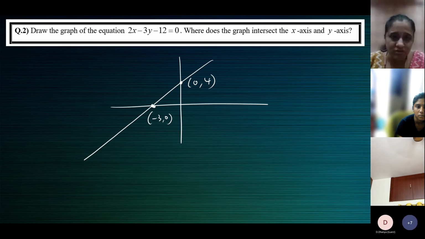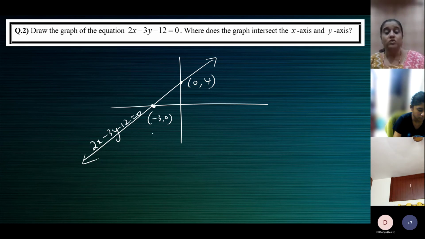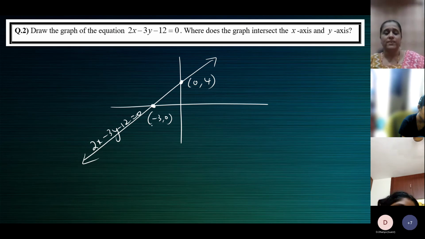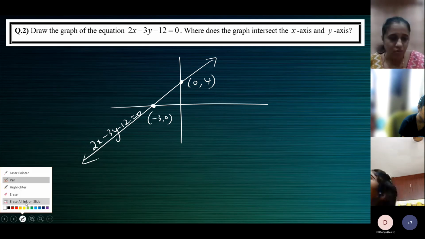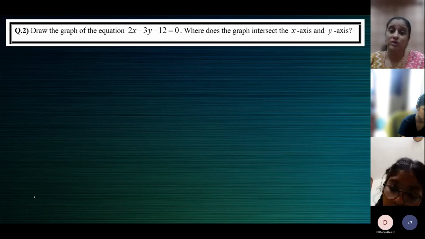So according to this question, you must make the graph of 2x minus 3y minus 12 is equal to 0, and from the graph, you must find out where the line cuts the x-axis and y-axis. But what we are going to understand now is how we can answer this question algebraically without making the graph. Okay.